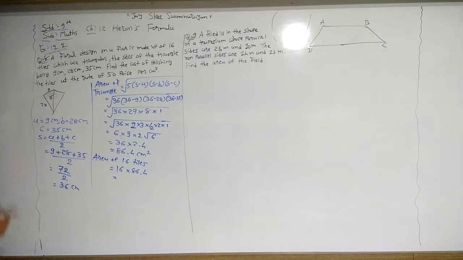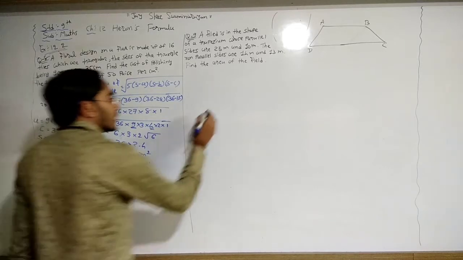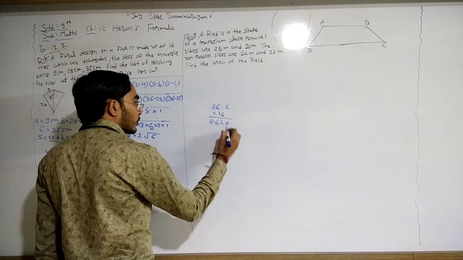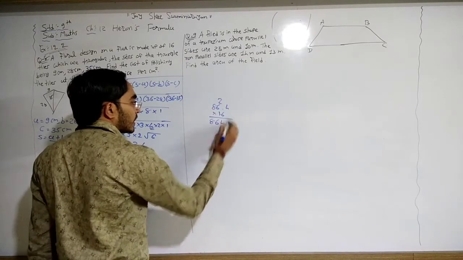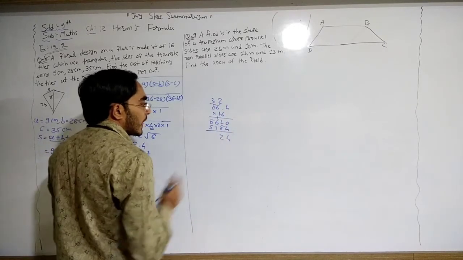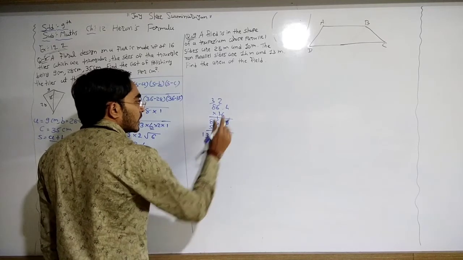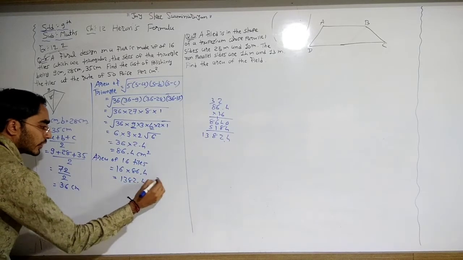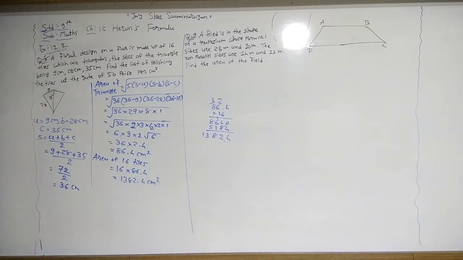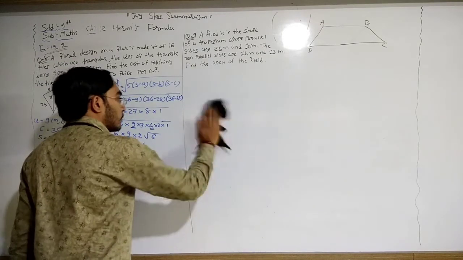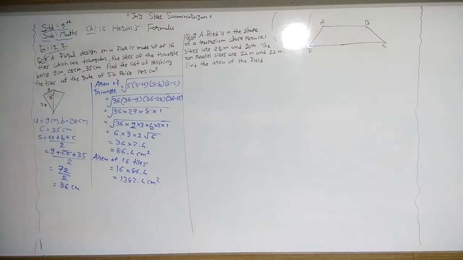So 86.4 multiplied by 16. Calculating, we get 1382.4 centimeter square. After the decimal point we have 1 digit, so before it, 1382.4 centimeter square.